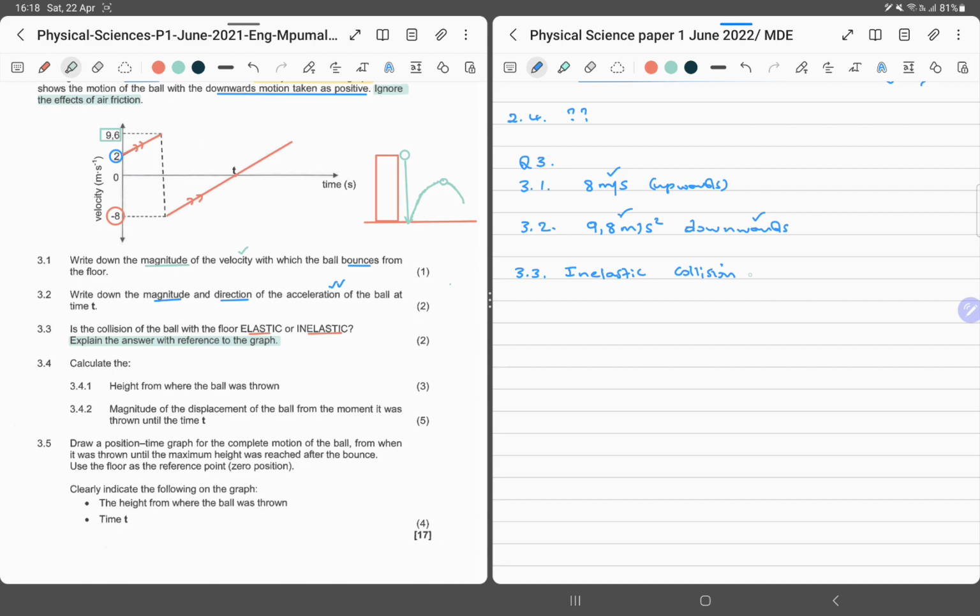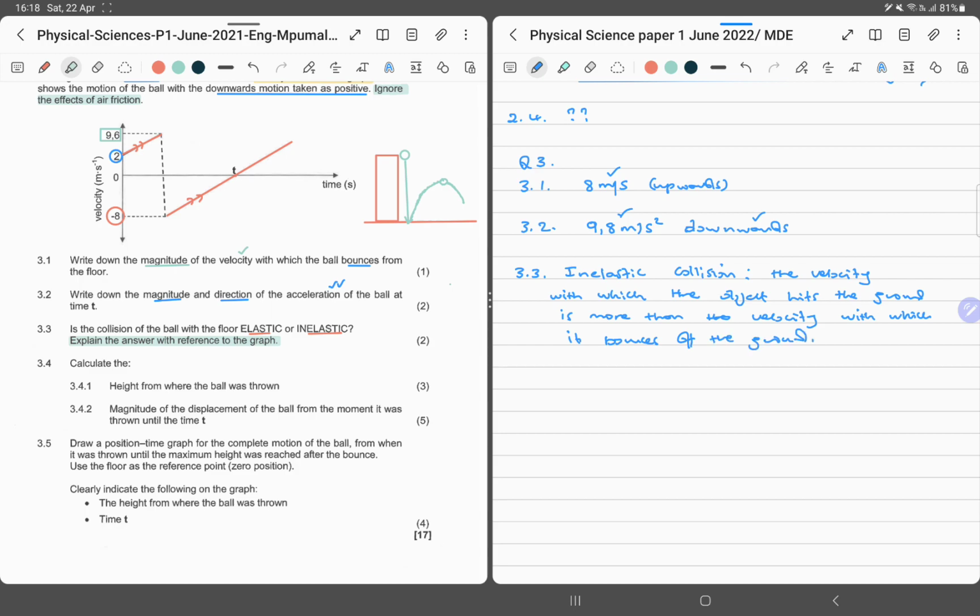And the reason is that the velocity with which the object hits the ground is more than the velocity with which it bounces off the ground.